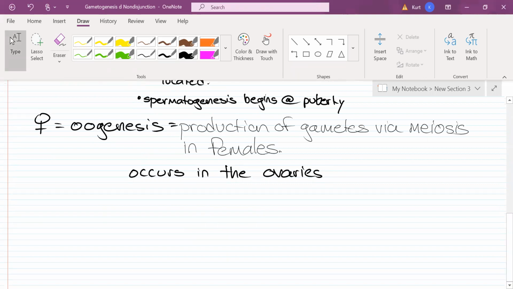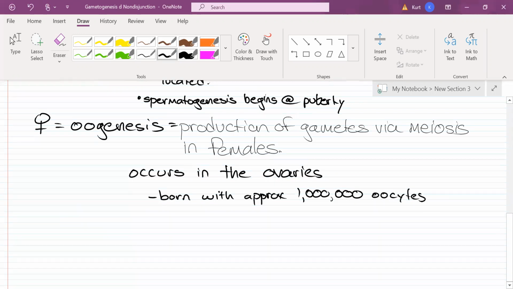All right. This occurs in the ovaries. Ladies, you are born with approximately 1 million oocytes. Those are egg cells. That's the sciencey way of saying egg cells. Oocytes.